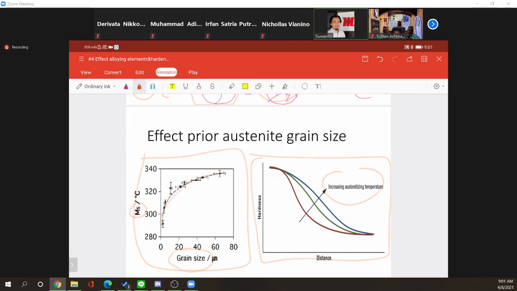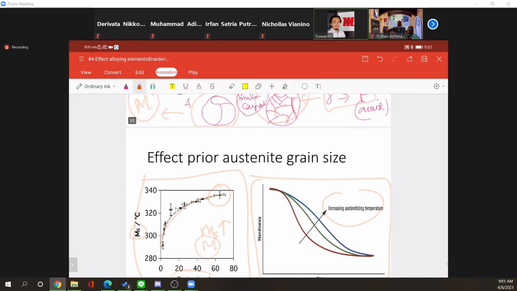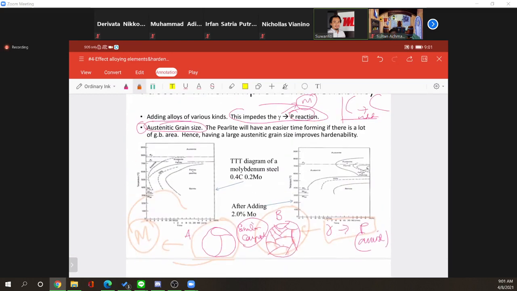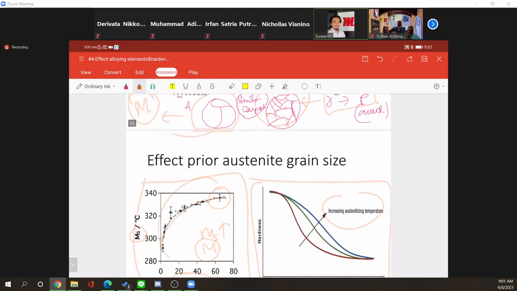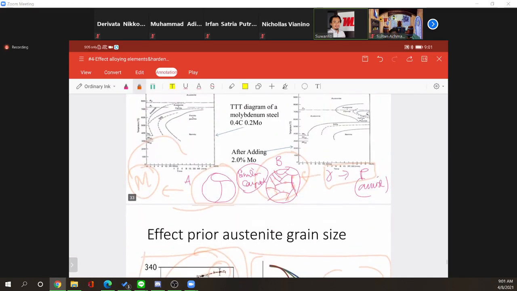So increasing grain size will make it easier for you to make martensite. Martensite start increases, easier for you to make martensite. There is another logic to this, but basically the same idea. So basically you can use this idea.